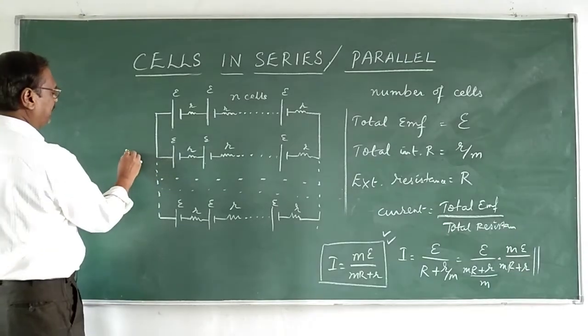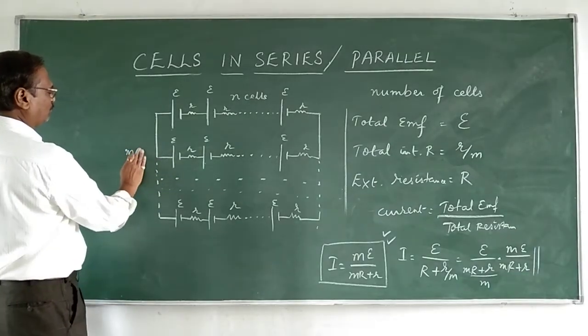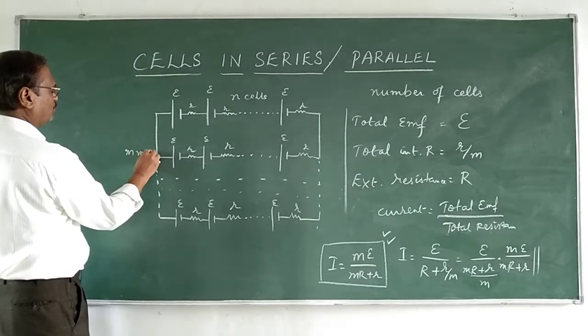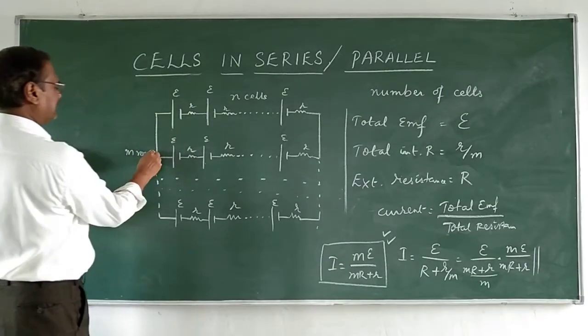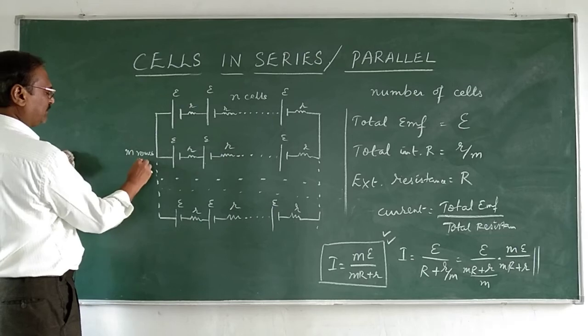So we have m rows, n cells and m rows are there, right?